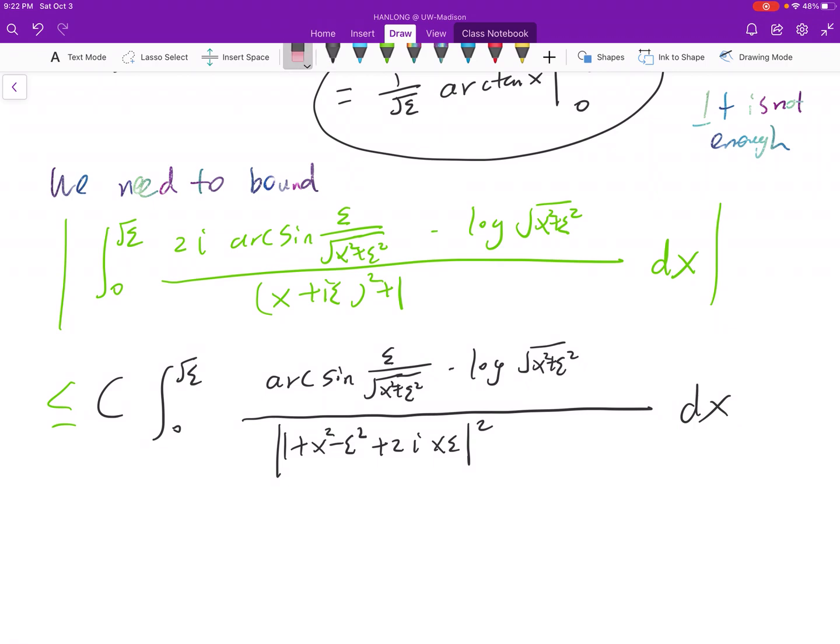Okay, oh sorry, the denominator is dropped. Okay, then for this one, do we have some? Oh, I see. Now you use this substitution.